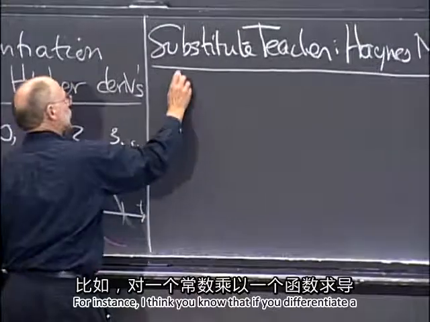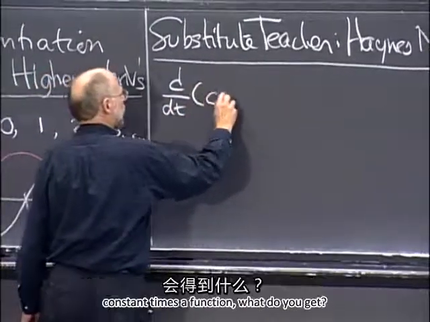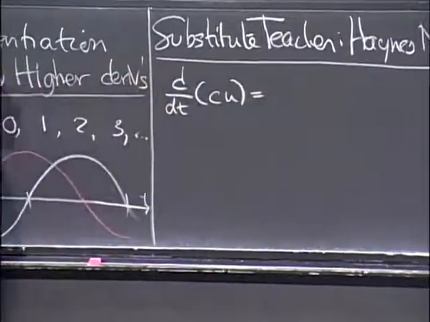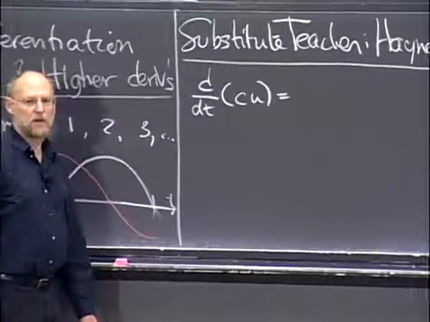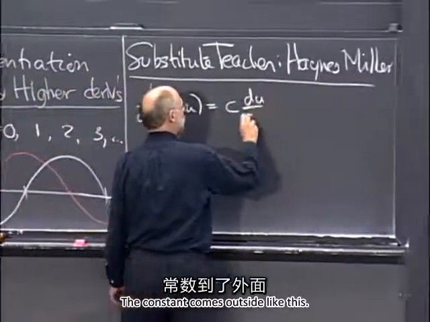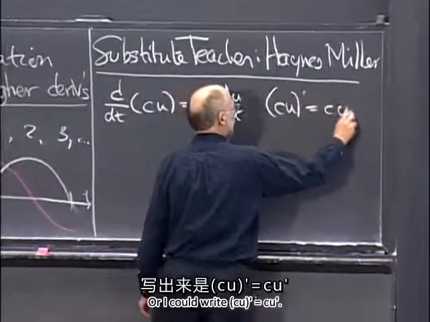For instance, I think you know that if you differentiate a constant times a function, what do you get? The constant comes outside, like this. Or I could write (Cu) prime is C u prime.